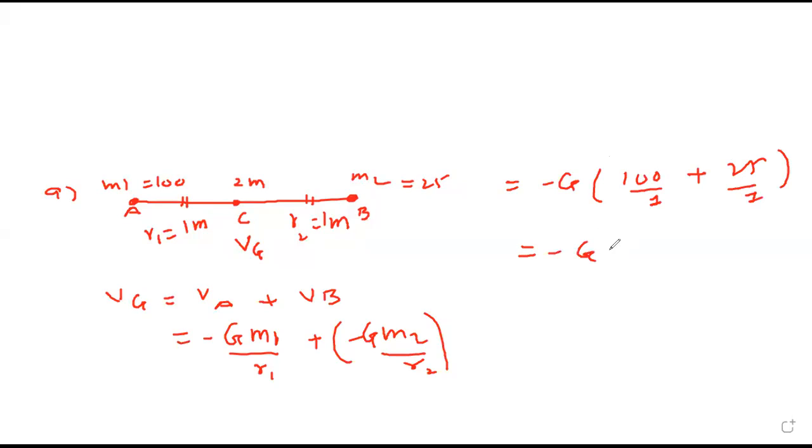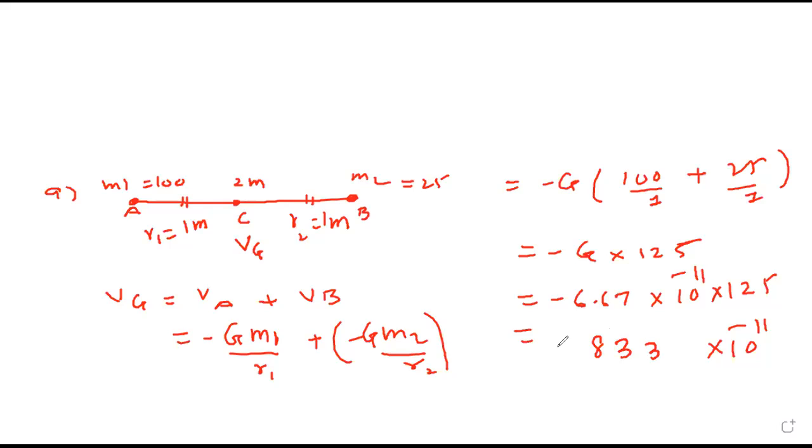So this is minus G into 125. G means 6.67 into 10 raised to minus 11 into 125. Now you can multiply 6.67 by 125, or take it close to 7, so the answer will be less. If I take 833, you are getting 833 into 10 raised to minus 11. Option is there, option D.